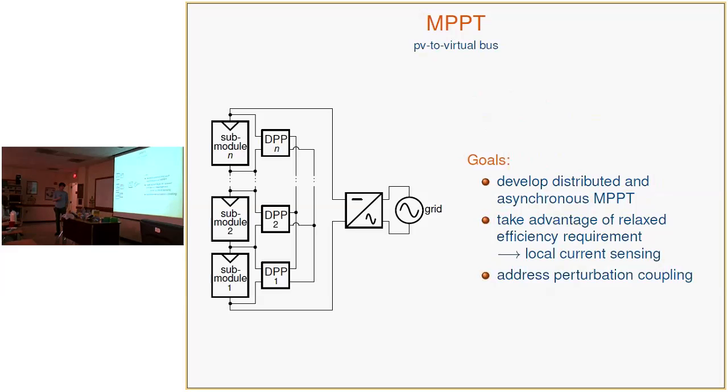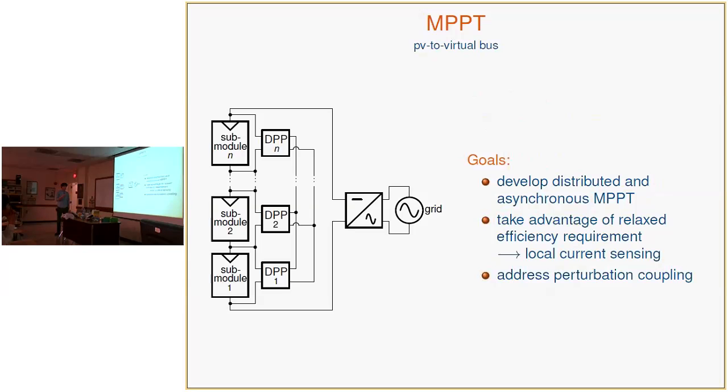So something that would be good to do is to take away those extra lines of communication by implementing some asynchronous maximum power point tracking algorithm. And by asynchronous, I just mean that all of these DPPs are perturbing and observing independently from each other. They're not perturbing and observing at the same time.